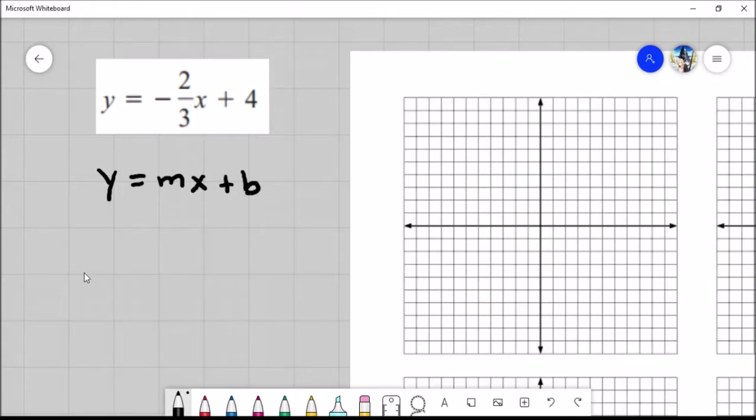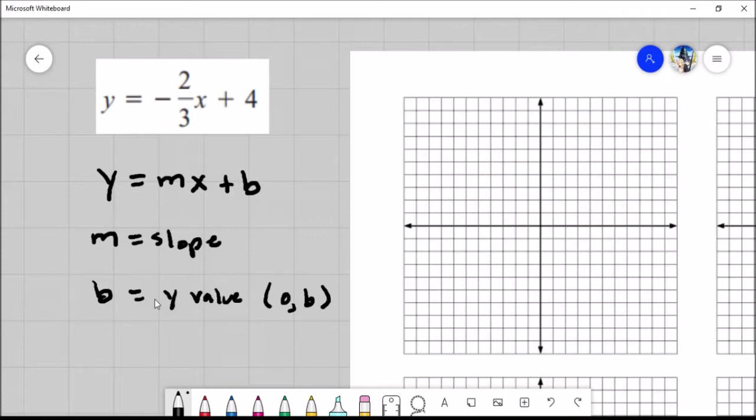The m represents the slope, and the b represents the y value of your y-intercept point, in the form 0, b. The y and x are any other values you get when you plug in any value besides 0 for x or 0 for y.